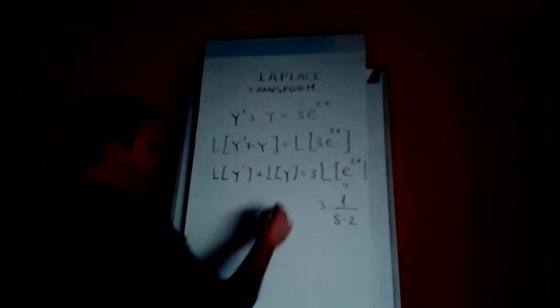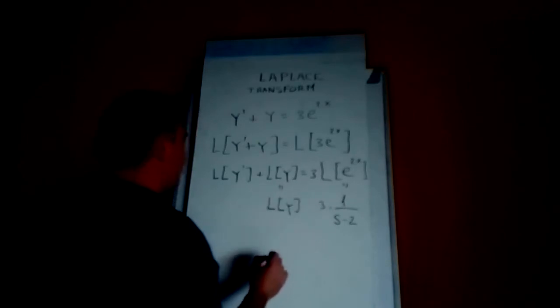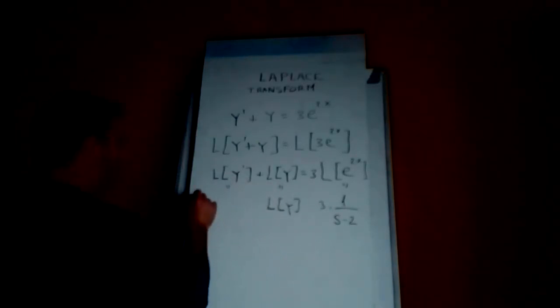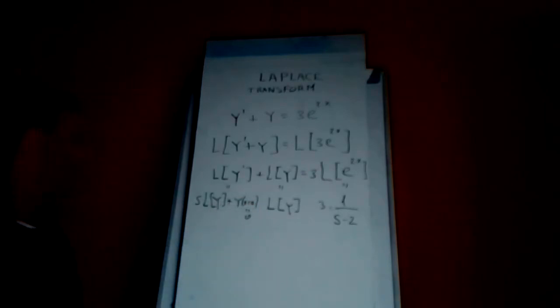In this case a is 2, so this is the fraction we are considering. The first one is L of y prime, which is s times L of y plus the initial value condition, that is 0, as we know. So the 0 vanishes in this equation.